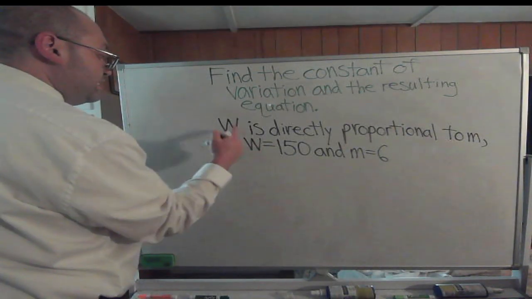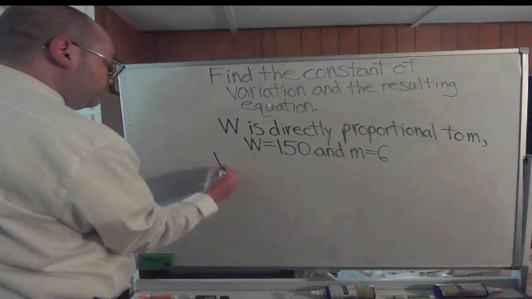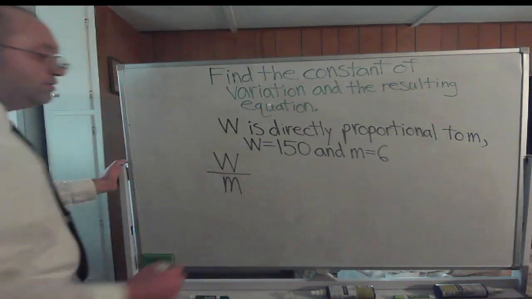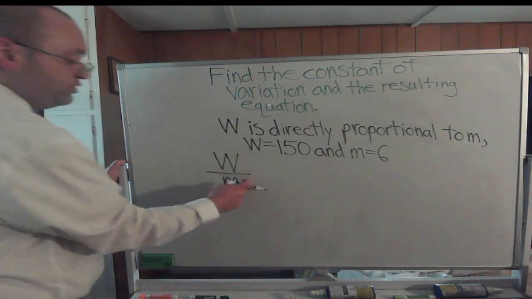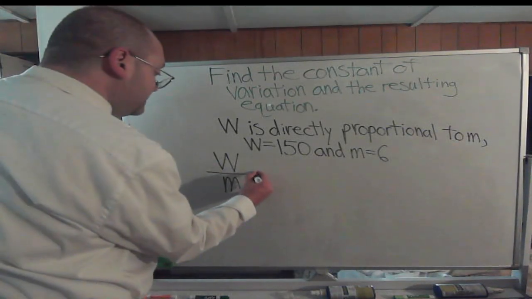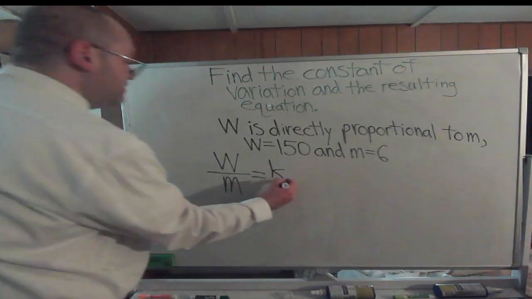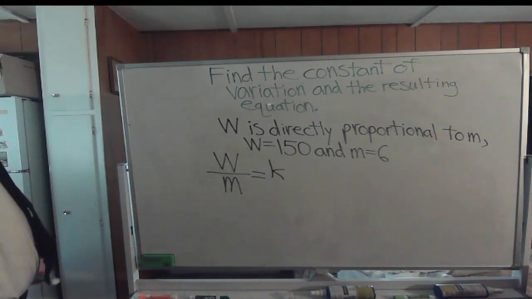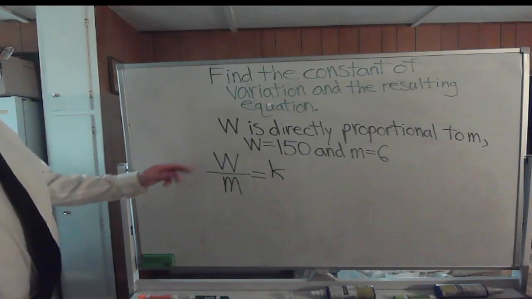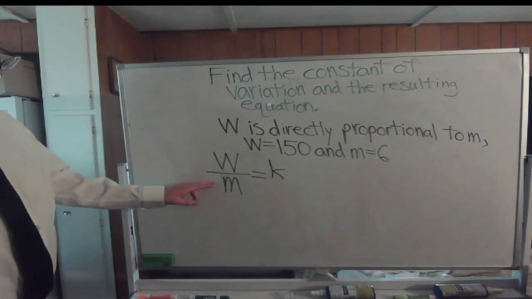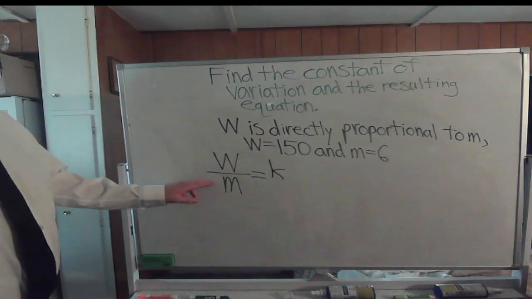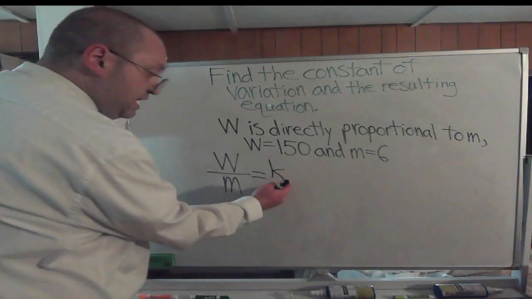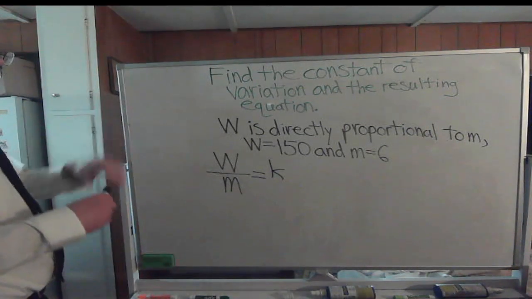So if W is directly proportional to M, that means it's W over M. You'll get W over M, and you'll just set it equal to the constant of variation.